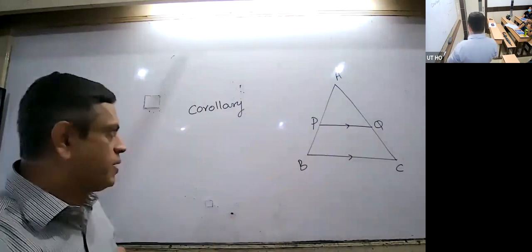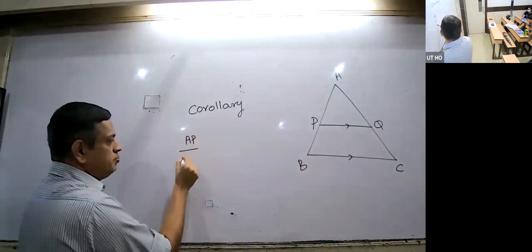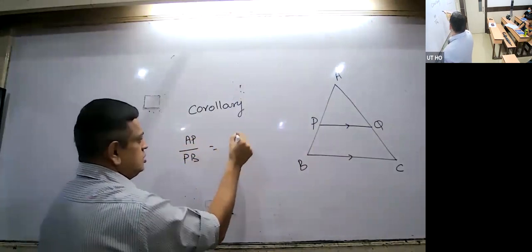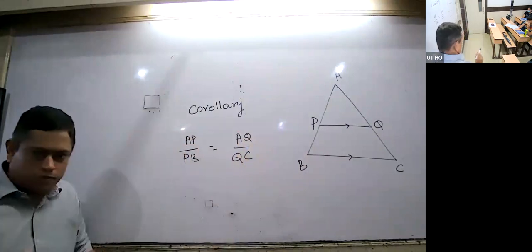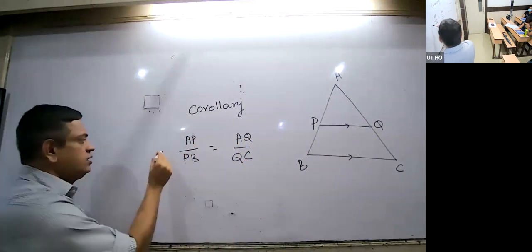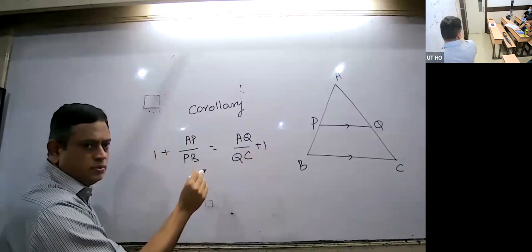Now look here. If PQ is parallel to BC, what did you get? AP upon PB is equal to AQ upon QC. This is called basic proportionality. Suppose I add 1 on both sides, you can add now? Take its LCM.